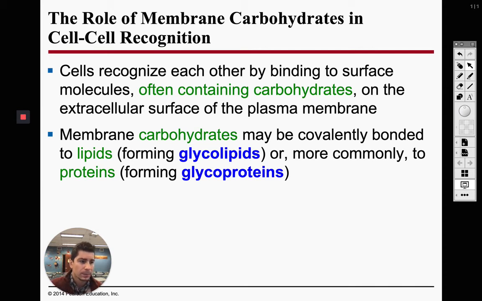What we're going to have is these carbohydrates. They are going to be bonded to either lipids or proteins. If a carbohydrate is bonded to a lipid, it's called a glycolipid. If it's bonded to a protein, it's going to be called a glycoprotein. And this is going to help with cell-to-cell recognition, recognizing other cells or recognizing things that may want to enter the cell.